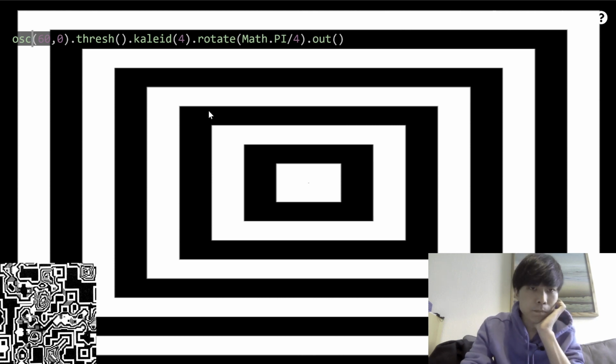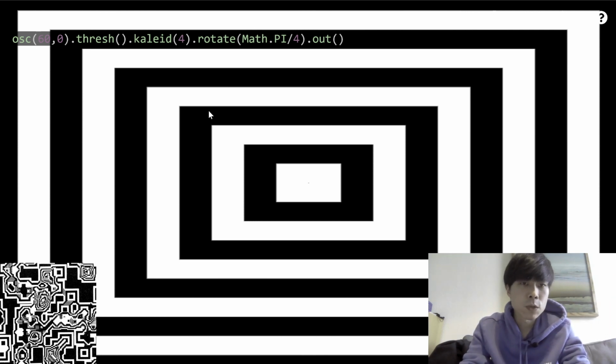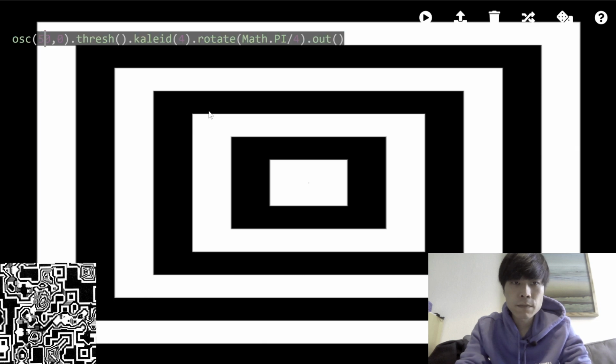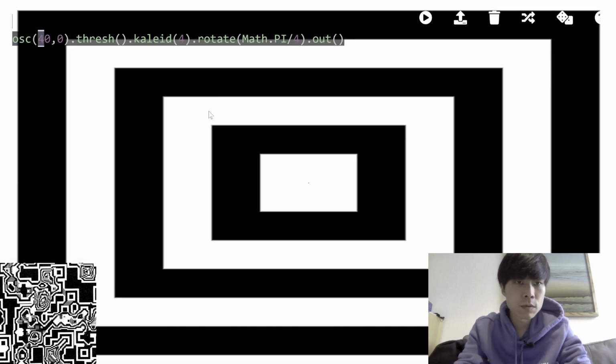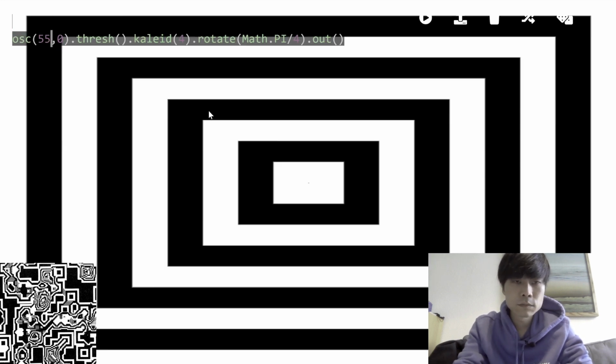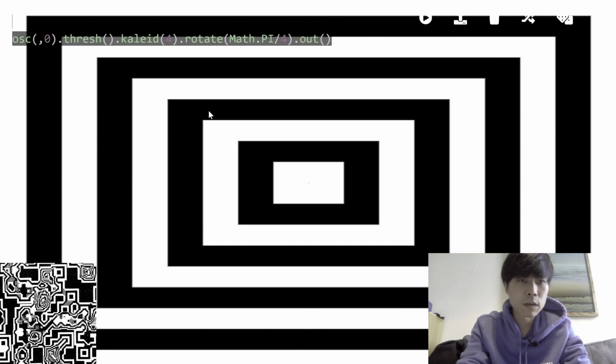Just because I see these little squares in the original work, and I feel that this would somehow create something similar.